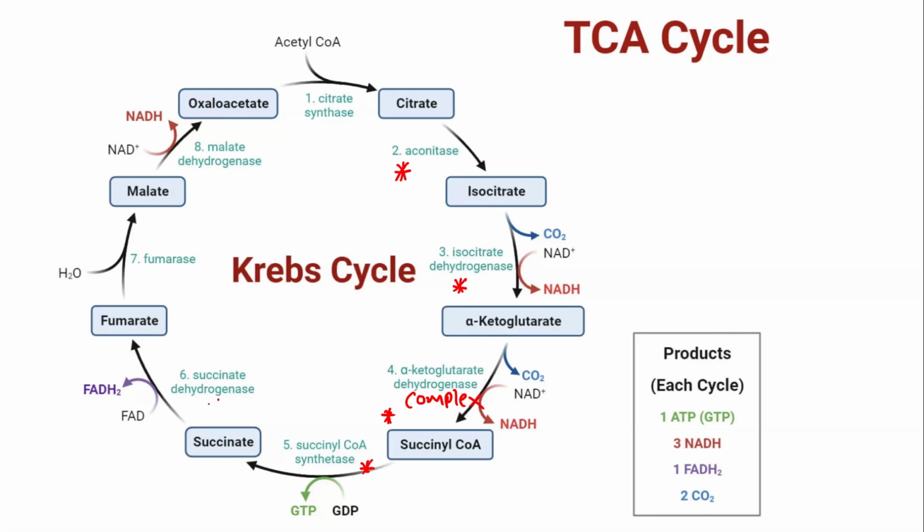I will tell you later. Succinate dehydrogenase and malate dehydrogenase. These are the important enzymes. So out of 8 enzymes, 6 enzymes are important. Okay, each one of them, they have their own importance.